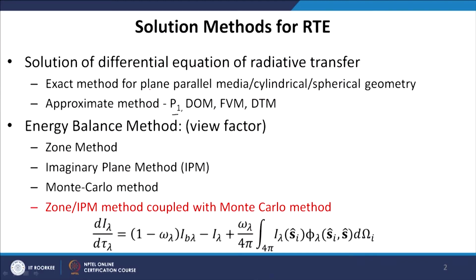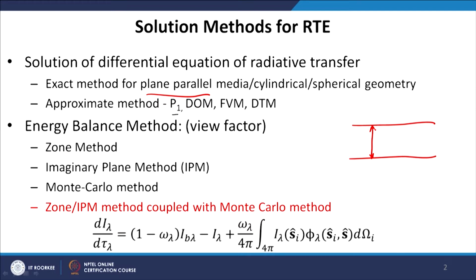The focus of this lecture is the exact solution in plane parallel media. So, a plane parallel medium is basically a medium which is one dimensional. So, we have a one dimensional medium, two parallel plates.